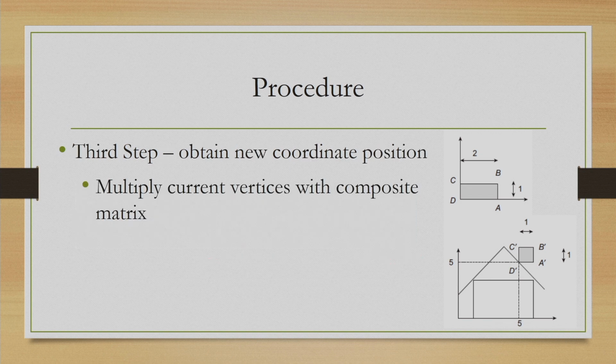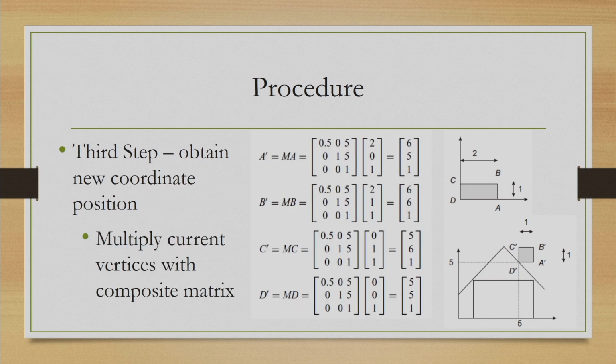Once we get the composite matrix, after multiplying the current vertices with the composite matrix, we will get the new points. So, in our case this step will lead us to the points as shown here.